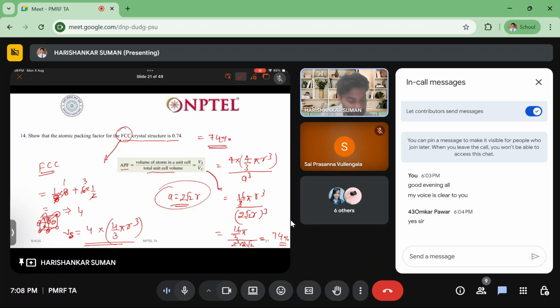Please check this calculation. Yes, this is correct.